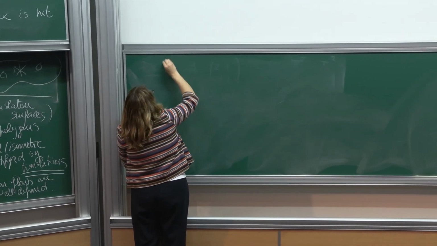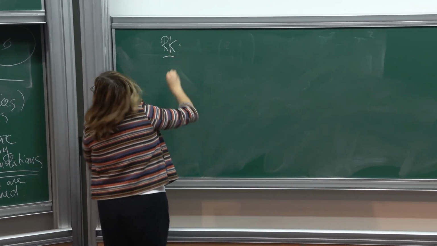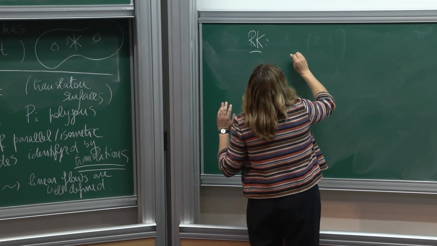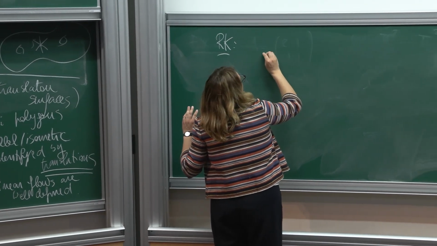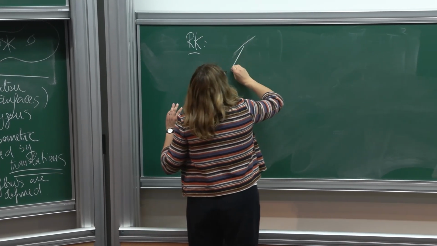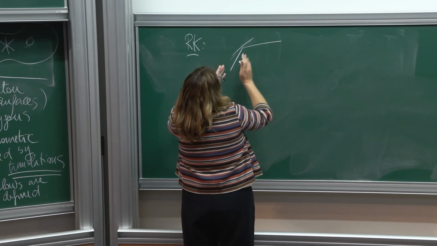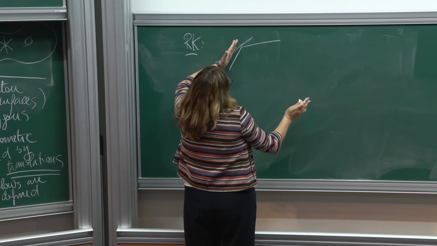Maybe it's much more general in reality. Remark: if I take another translation surface which is not as regular as the octagon, imagine just a small perturbation of the octagon, you can perturb so that opposite sides stay parallel and isometric.